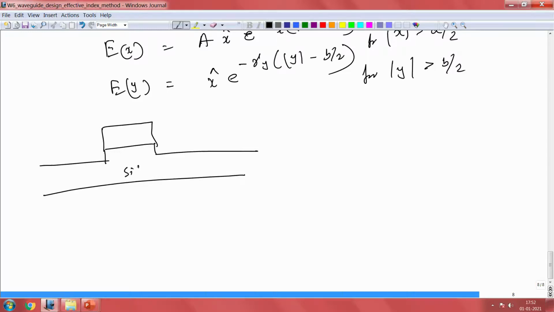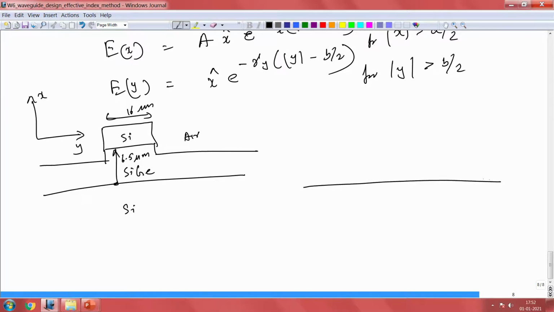So, here this is silicon germanium and this is silicon and this is silicon and this is air. So, this is 16 micrometer, and you remember this was 6.5 micrometer, right. So, that is what we had, right.